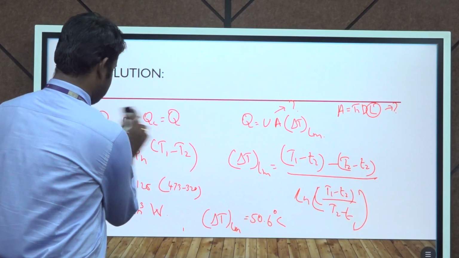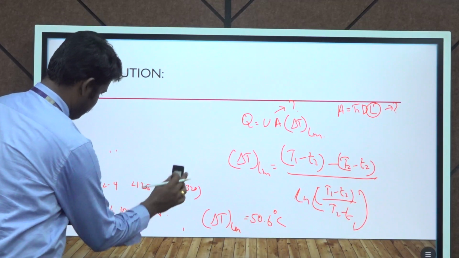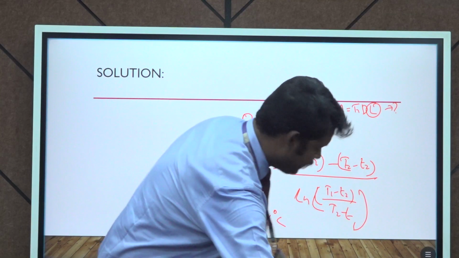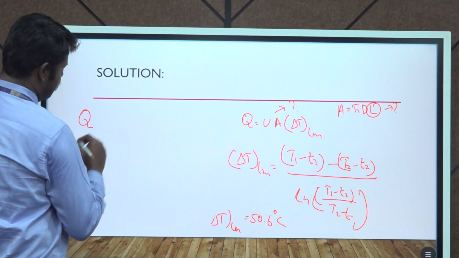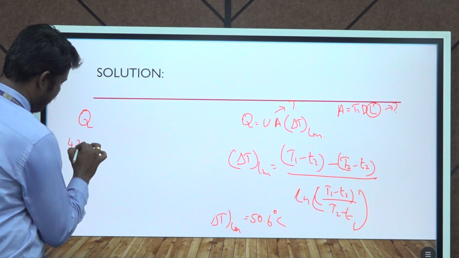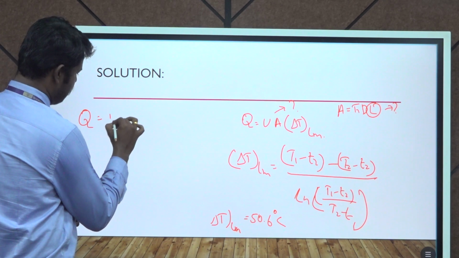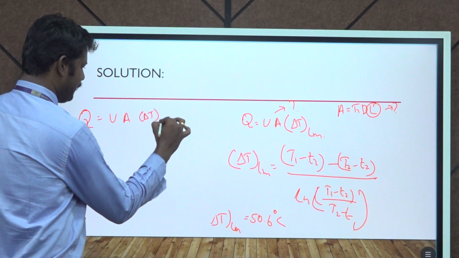The next step will be substituting these values in Q, which is 484 into 10 to the power 3 will be equal to U A del T LM.